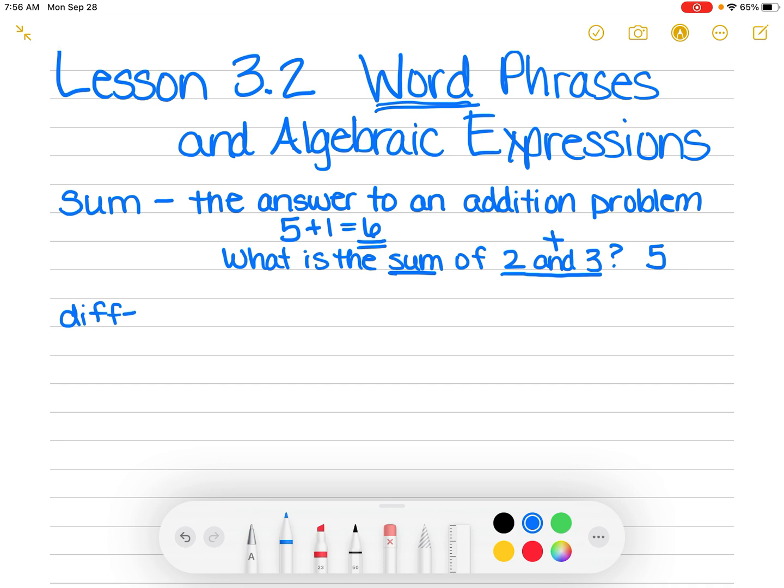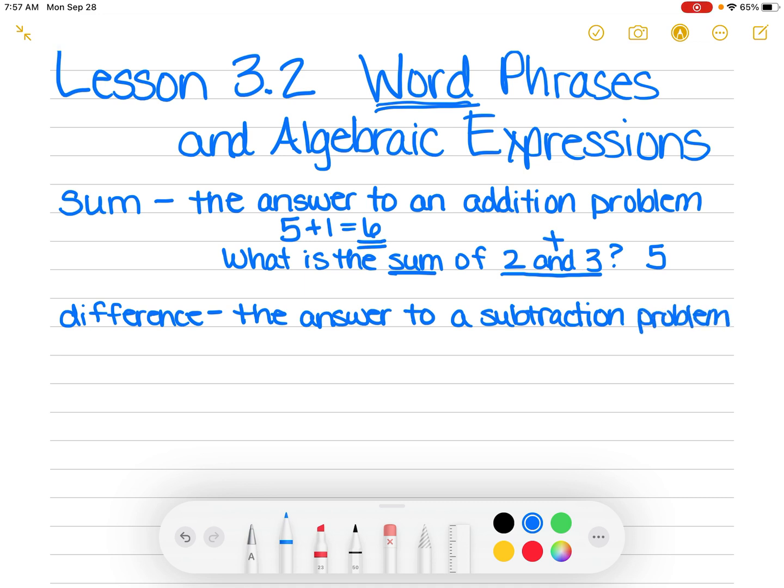Difference is the answer to a subtraction problem. Okay, the next one is product. And product is the answer to a multiplication problem.